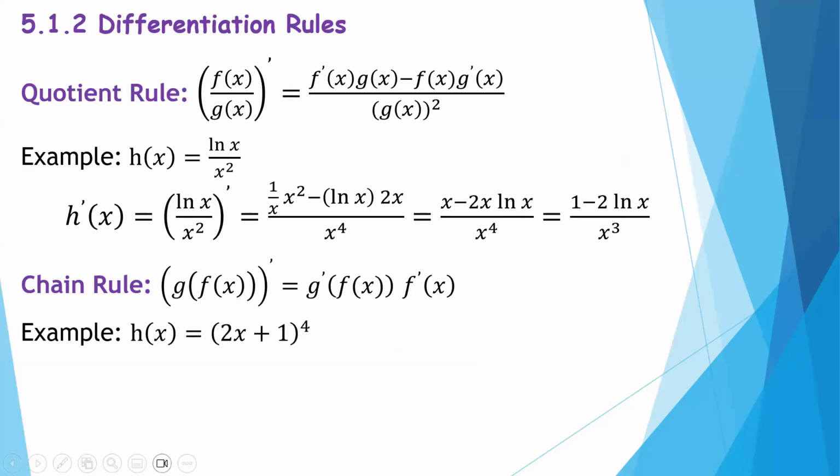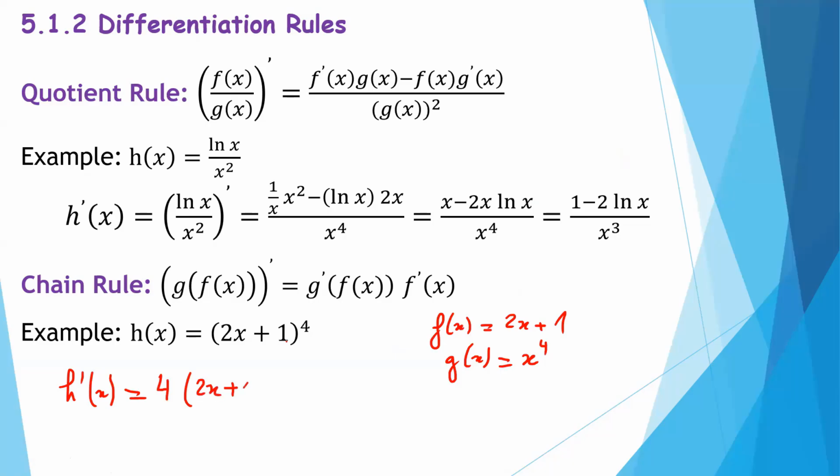Let's see an example about the chain rule. For example, if you want to differentiate 2x plus 1 to the power 4. Here, this is the composition of two functions: f of x is the inside, 2x plus 1, and g of x is the fourth power. So what is h prime? We differentiate the power function: 4 times 2x plus 1 to the power 4 minus 1, times the derivative of the expression inside.